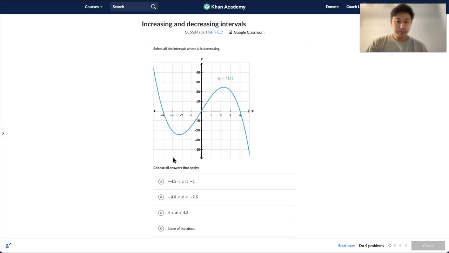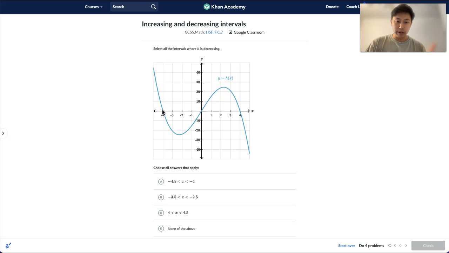So for example, this one's asking to select all the intervals where the h function is decreasing. We have a choose-all-that-apply variation, so we have to go through every single choice. The first interval is between x values of negative 4.5 and negative 4. Negative 4.5 is about here, and between negative 4.5 and negative 4 it's just this little section.